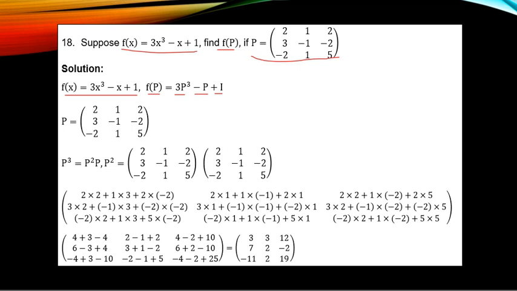So this is matrix P. Then matrix P cubed is P squared times P. Now matrix P squared is P times P. So I've done that, and this is the solution for matrix P squared. You can do that because you've learned multiplication of matrices in the previous two lessons. Then multiply by matrix P. This is the result.